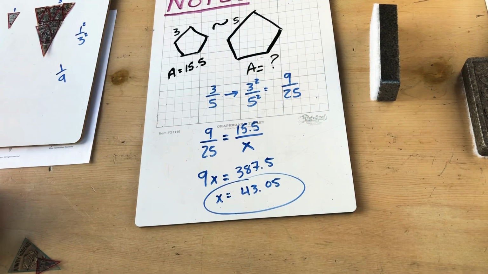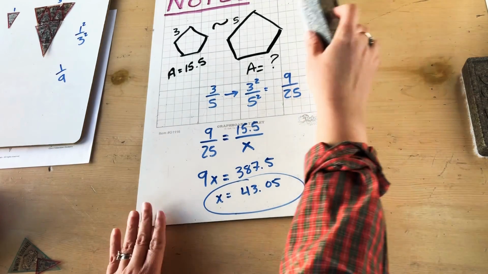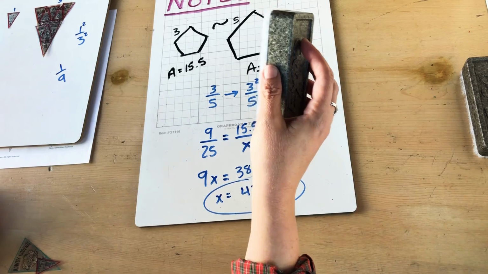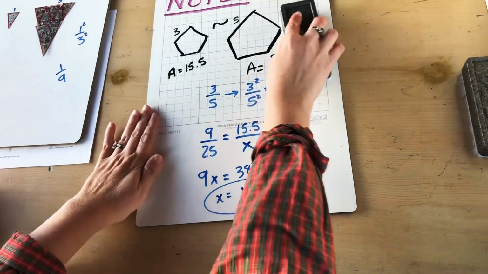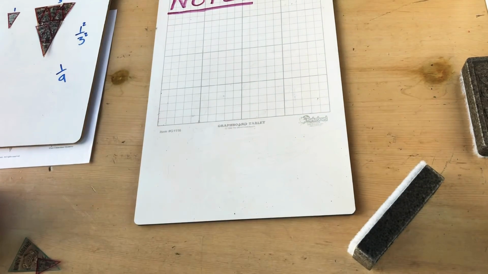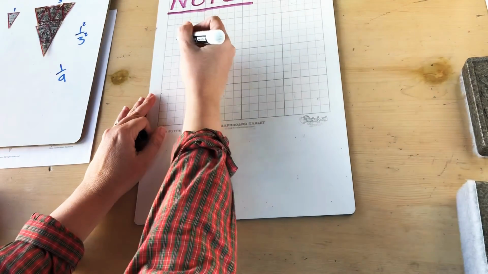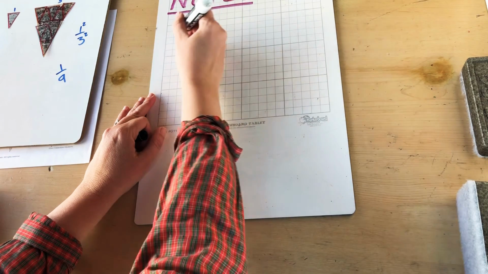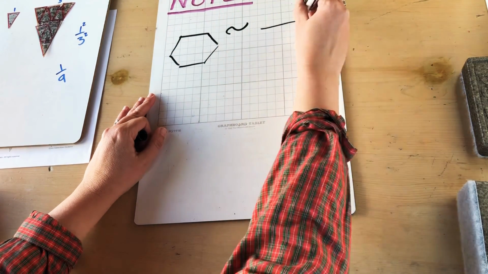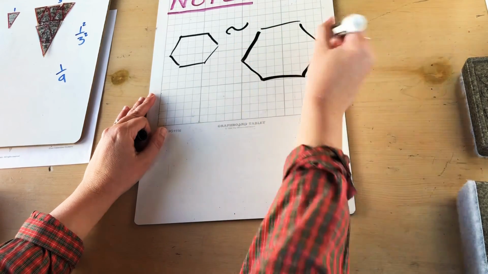Okay, so let's see if you guys can do one. So I'm going to give you one to try, and I'll give the answers at a different time. Okay, so let's try it. So say you had 2 hexagons, and we don't know if they're regular, so I'm just going to draw them kind of off. Little one, it's similar to a big one.